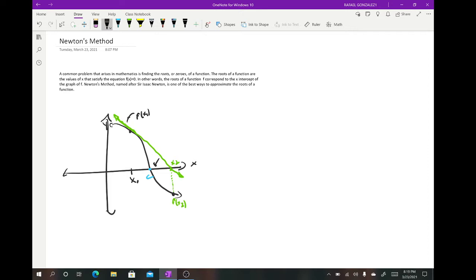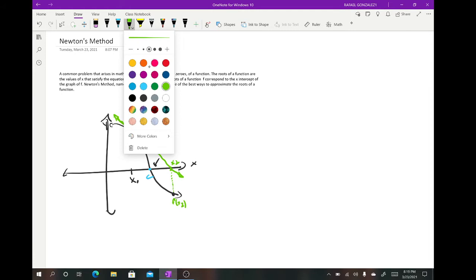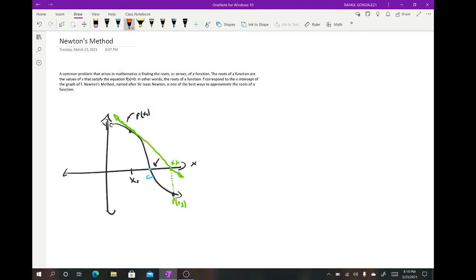But guess what? We can also find the equation of the tangent line at x2 here. So if we were to draw a tangent line, it will be something like this. Now we have a point here. Let's call it x3. This point again has a value in our function f, namely f of x3.